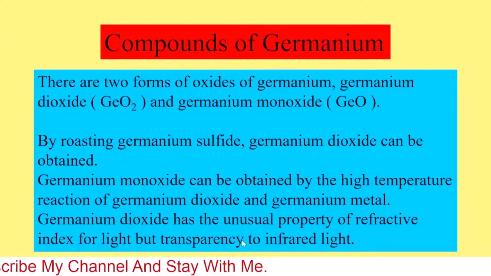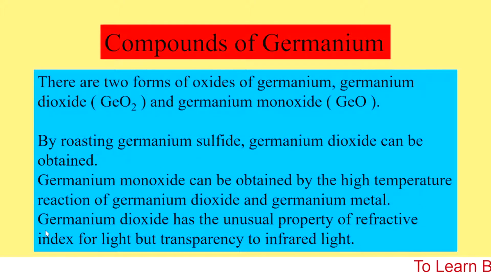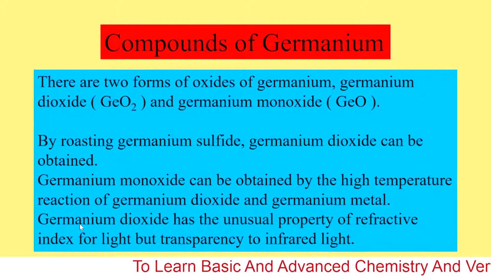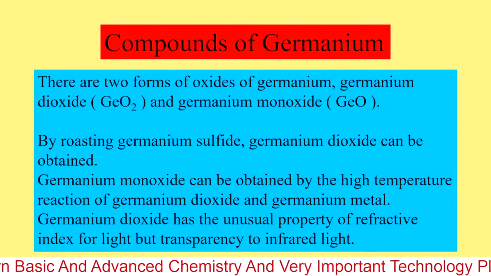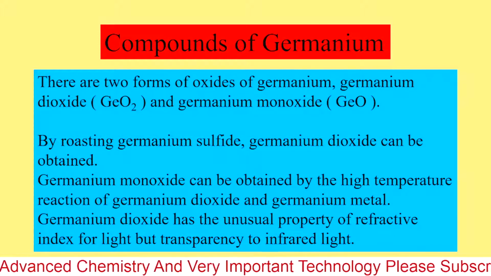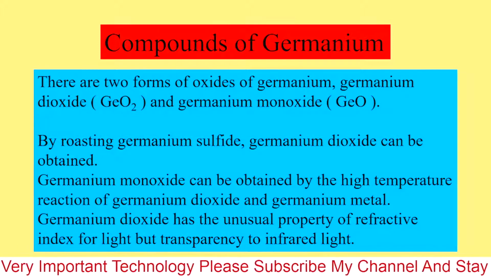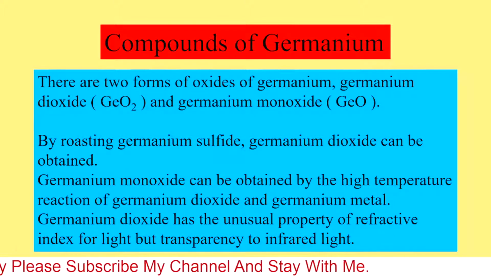Germanium dioxide has the unusual property of a very precise refractive index, and this is very costly. Normally you may know that the refractive index of different types of glass material is around 1.5, or 1.41, 1.5, 1.52, like this.